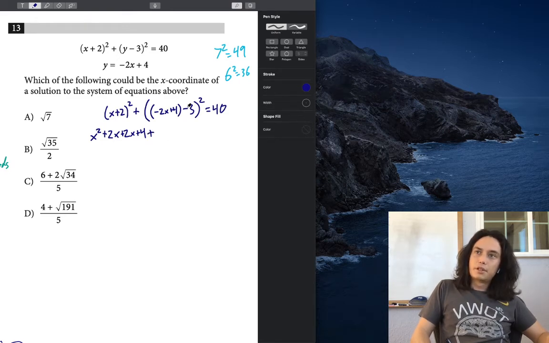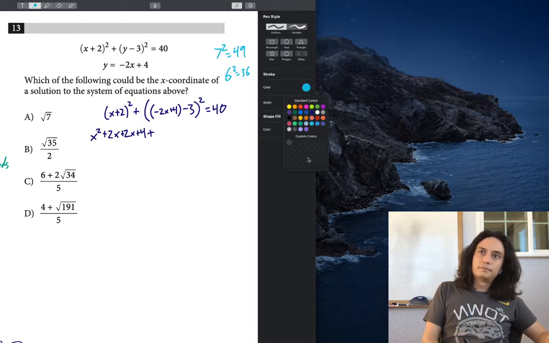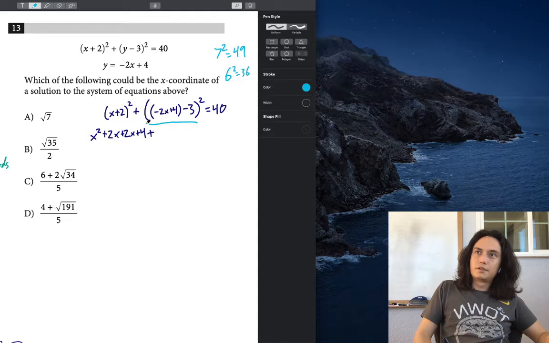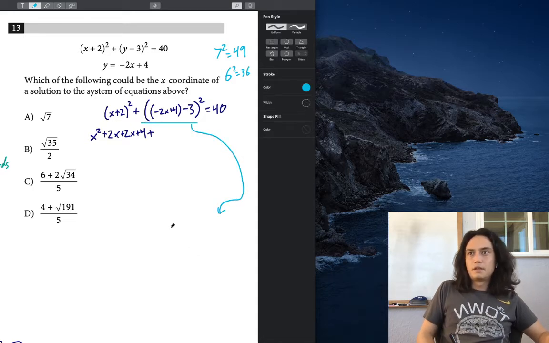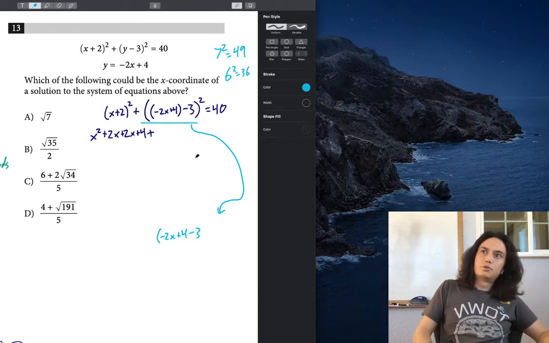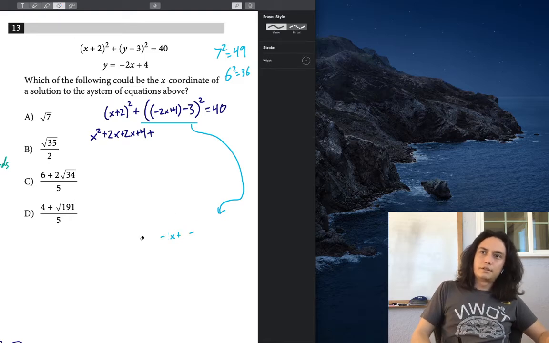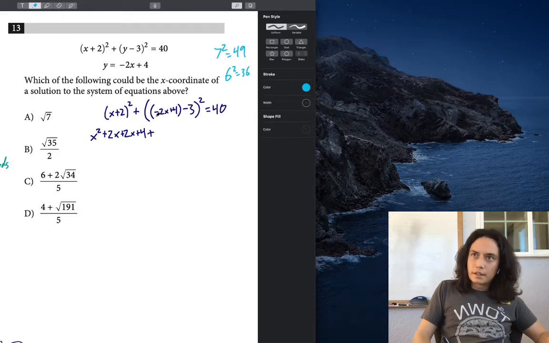And then this squared, maybe I can tease this out. This is negative 2x plus 4 minus 3. Oh, you know what, though? We don't need to be too crazy. I'm just going to notice that negative 2x plus 4 minus 3.